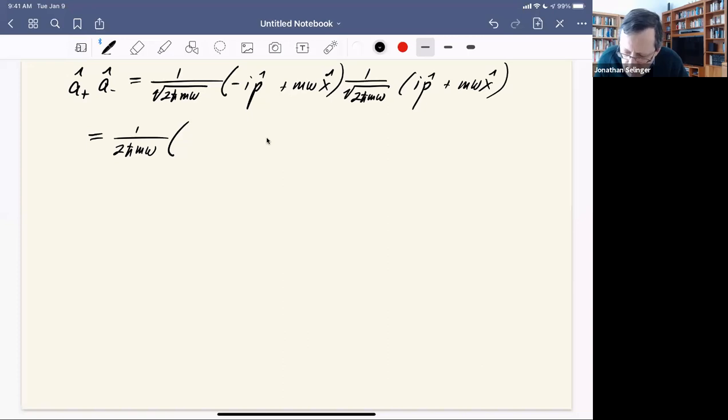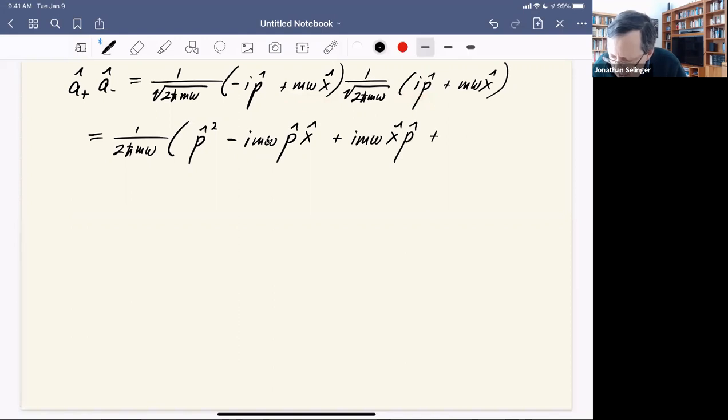And now if we expand the pairs, we get the first acting on the first, that's p squared. The first acting on the second, so negative i m omega p x. Then the second acting on the first, so that's plus i m omega x p.